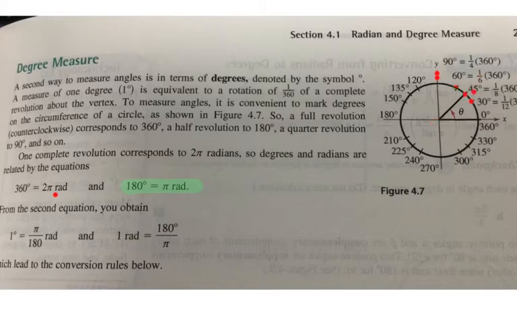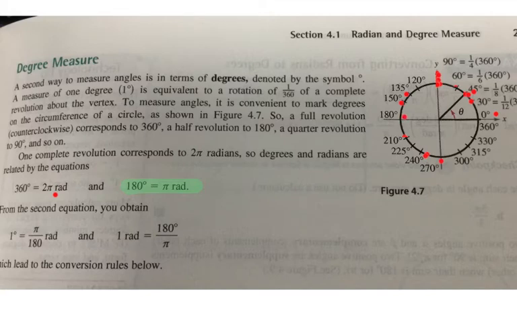So 45 degrees and pi over 4 are the same thing. 90 degrees and pi over 2 are the same thing, and so on. All of these rotations are just 30, 45, and 60 away from the previous rotation. So if I was at 90, I could go another 30, another 45, or another 60. To get from 180 to these rotations, I could go another 30, another 45, or another 60.